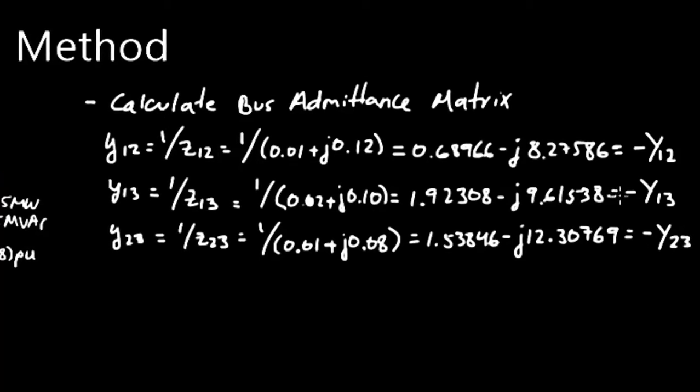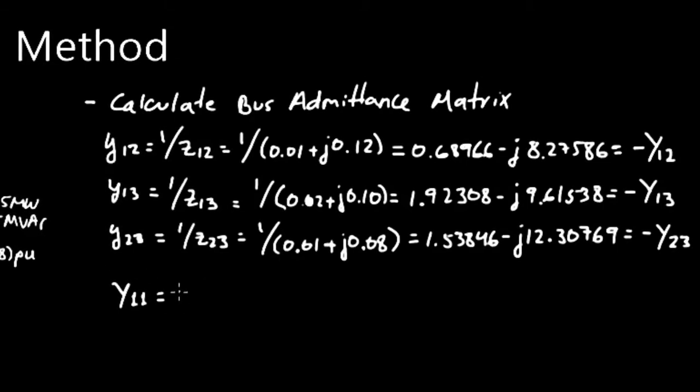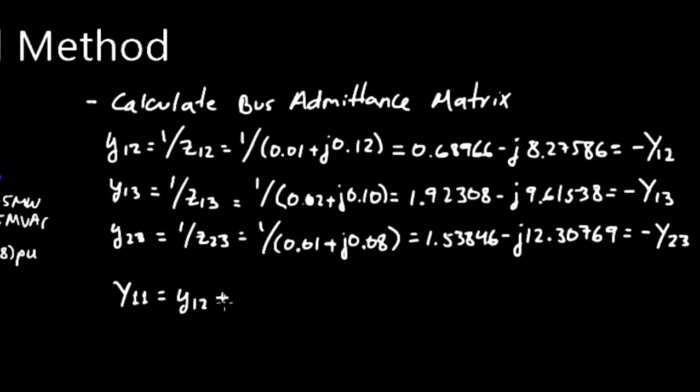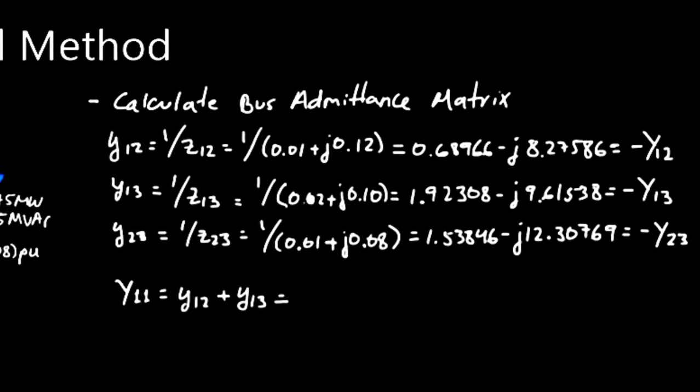Now we know that the diagonal terms in the bus admittance matrix are equal to the summation of all the admittances that connect to a bus. So for example, the term in the admittance matrix Y11 is equal to the summation of everything that connects to bus 1. So the admittance for this transmission line and the admittance for this transmission line. So that would be again Y12, which is this top one over here, plus Y13, which is this one over here.